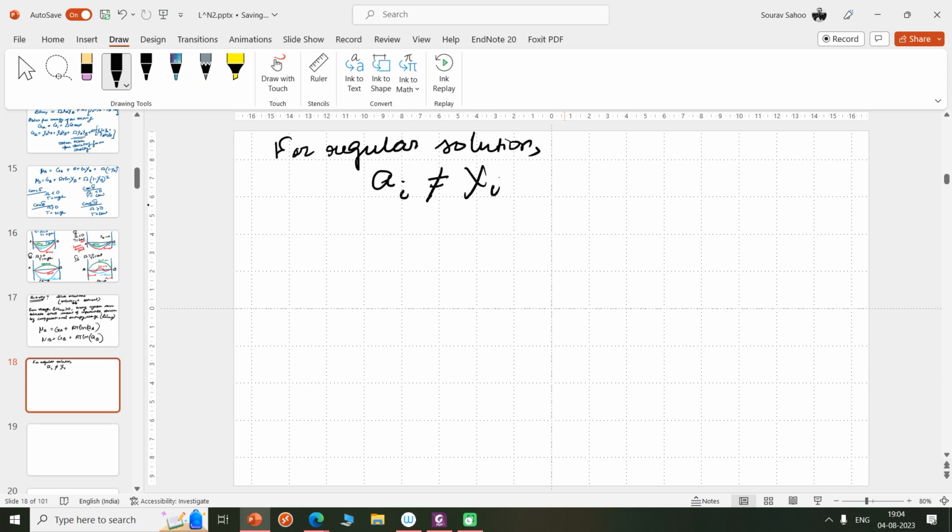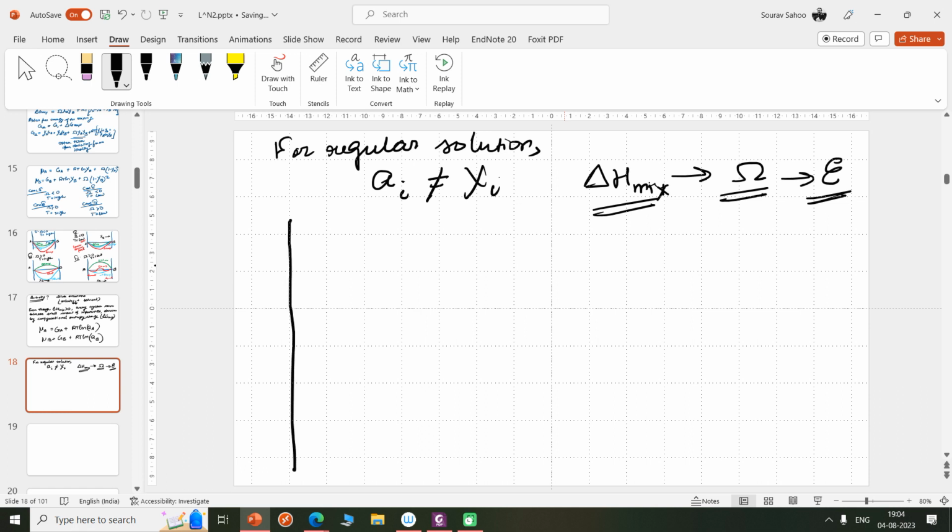Okay. For ideal solution, they are equal. So the activity can be greater than the mole fraction or less than the mole fraction, depending upon the delta H mix. Right. So this parameter delta H mix is determined by omega, which is determined by E. So this E parameter is very important in regular solutions because it ultimately determines the activity of the elements as well. Okay. So we also see the plot of how it looks.